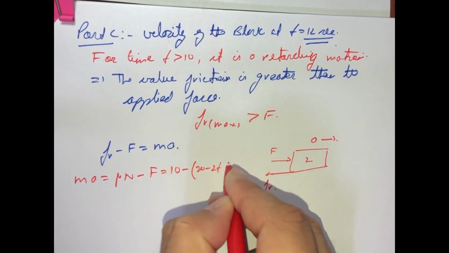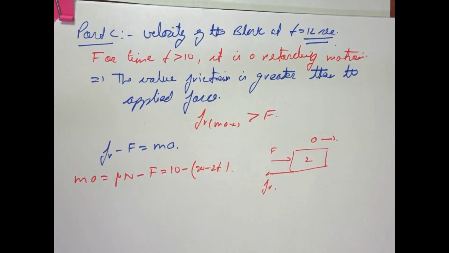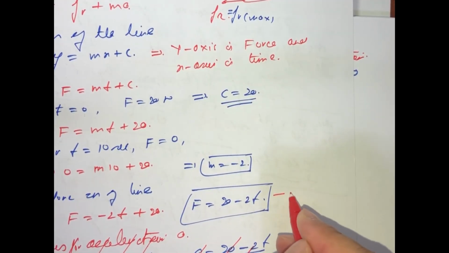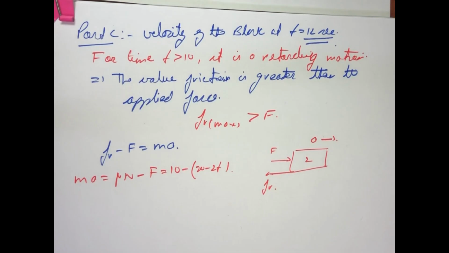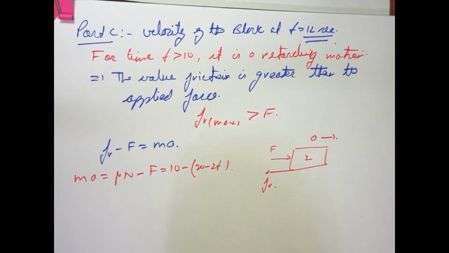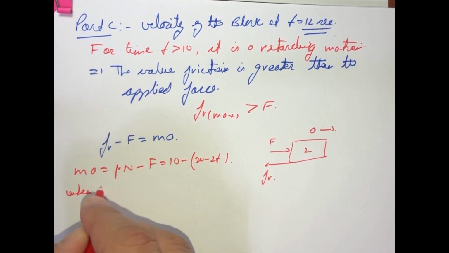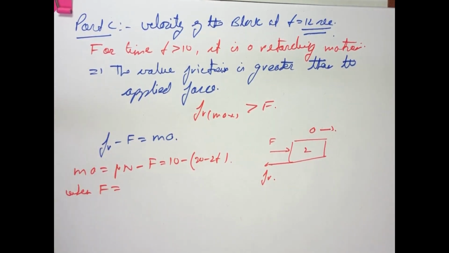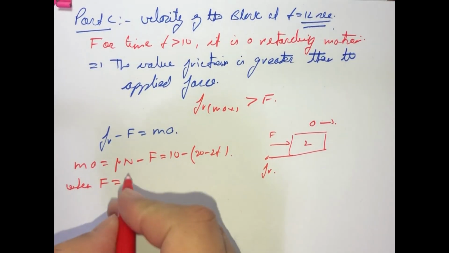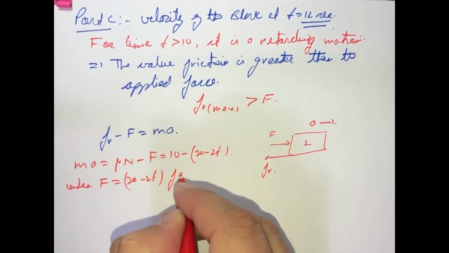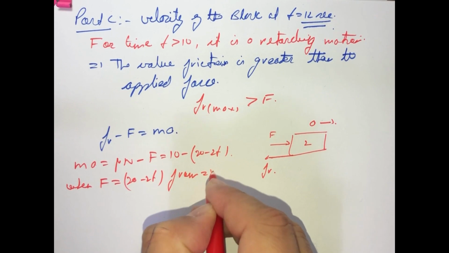Sorry, not equation 1. Let me write this as equation 2, where F is equal to 20 minus 2t from equation 2.